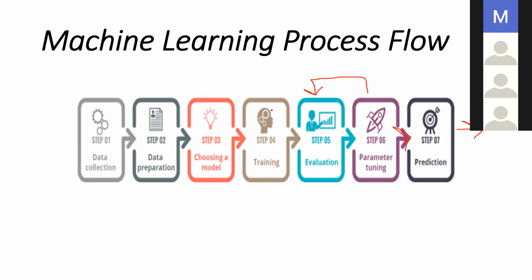It is an encrypted type file. You cannot identify which model is present in that, or what parameters are being used. So the client can make predictions, but they will not get to know which parameters or which algorithm is there. So that is how your work will be saved.